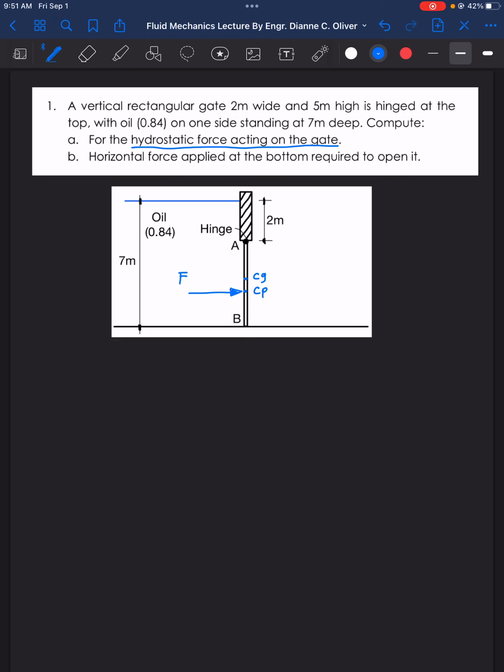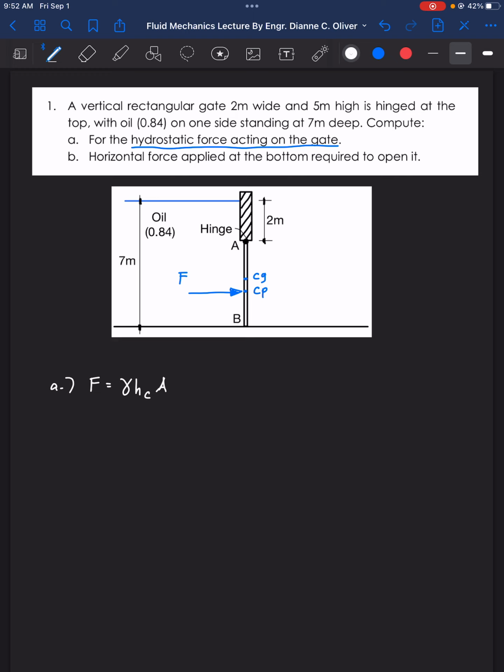So how do we solve for this? What's the formula? The formula for the hydrostatic force is equal to gamma of the liquid in which your object is submerged, multiplied by hc, the distance from the surface of the liquid up to the center of gravity, then multiplied by the surface area of the object being submerged.